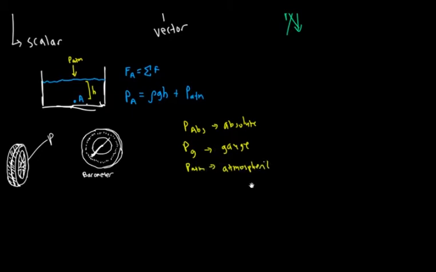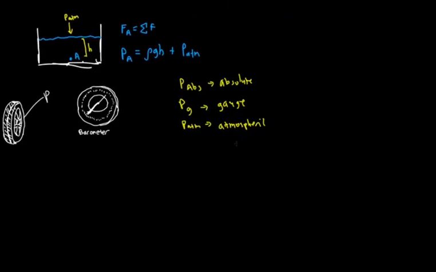If you ever work in a lab or you're doing a problem, it's important to distinguish the difference between these three. Some pressure sensors measure in terms of the absolute pressure, but most of them measure in terms of gauge pressure. And gauge pressure is in relation to the atmospheric pressure.